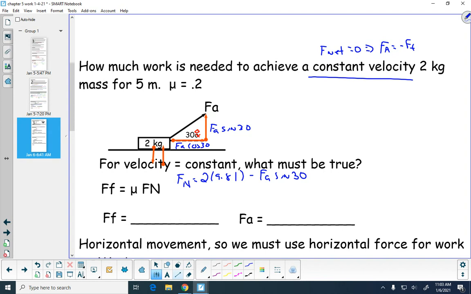So our force of friction, we have to multiply that by our coefficient of friction, 0.2.